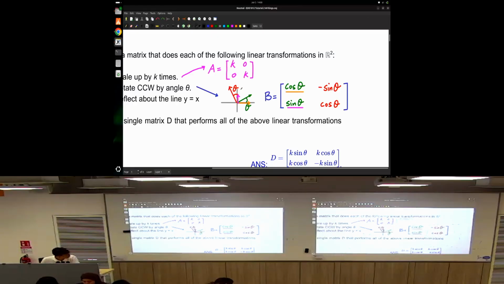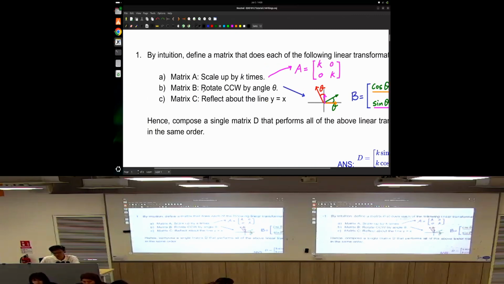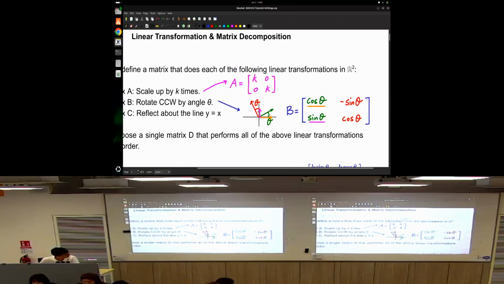Then you just repeat this approach for your j vector that has been rotated. Because you must remember, it says here that B has to rotate the vector space counterclockwise by angle theta. So that means the j vector is now rotated by the same angle theta. Then you ask, what is the I component? You can see it is on the negative x-axis.